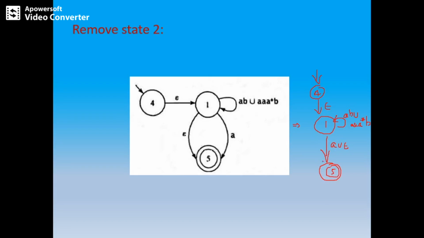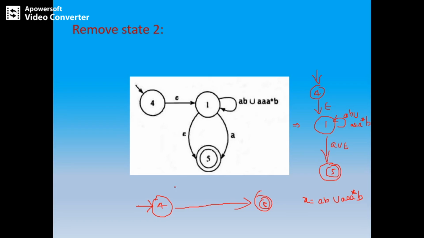After that, it is easy to write the final regular expression. You should finally have only one start state and one accepting state, 4 and 5. Now look at this portion AB union A star B; let me take it as X, so X equals AB union A star B. What is this going to give you?